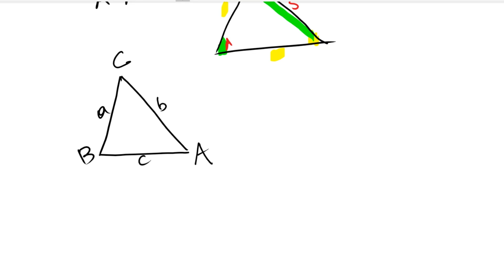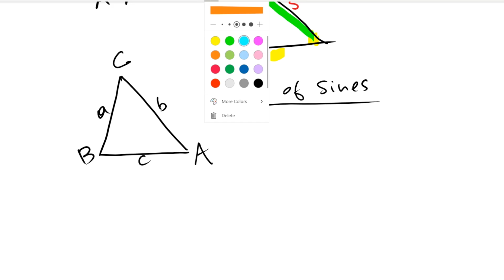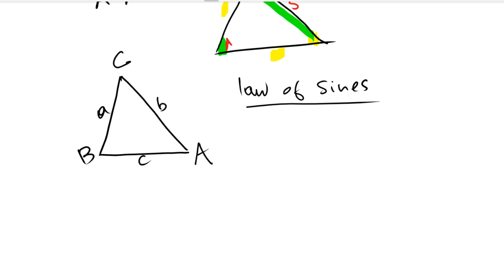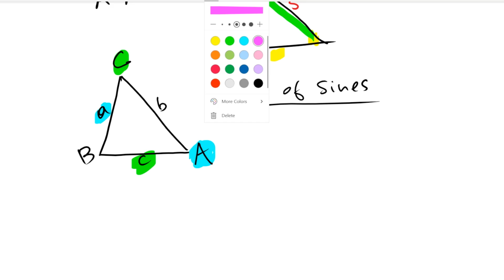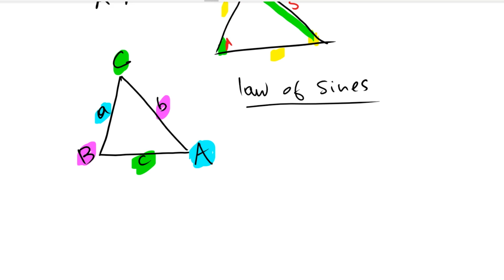So the law of sines says, I'm going to have these two together, and these two together, and these two together: the angle and its opposite side.